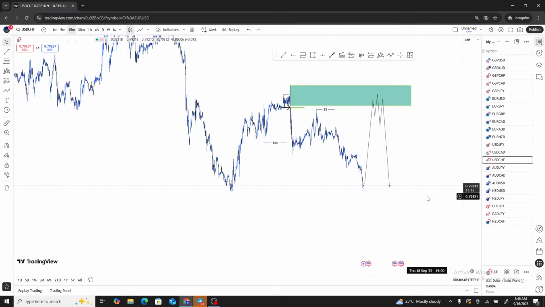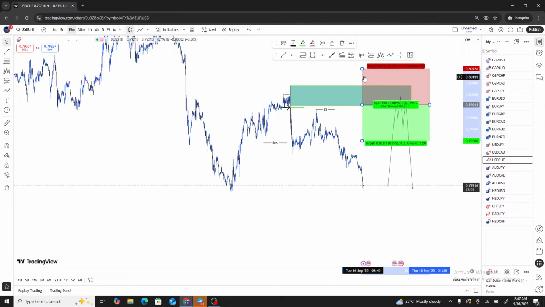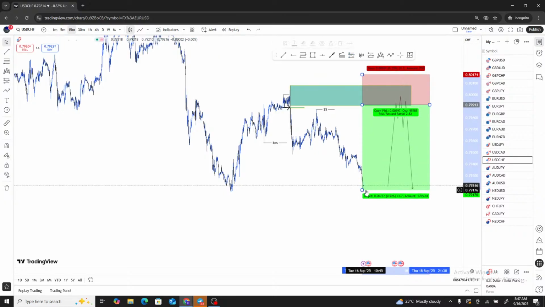Just be very robotic about it and you'll be fine. So hopefully today or tomorrow, I look forward to price coming to this zone, giving us a confirmation entry and moving to the downside. Okay, with 26 pips. So I look forward to seeing this.